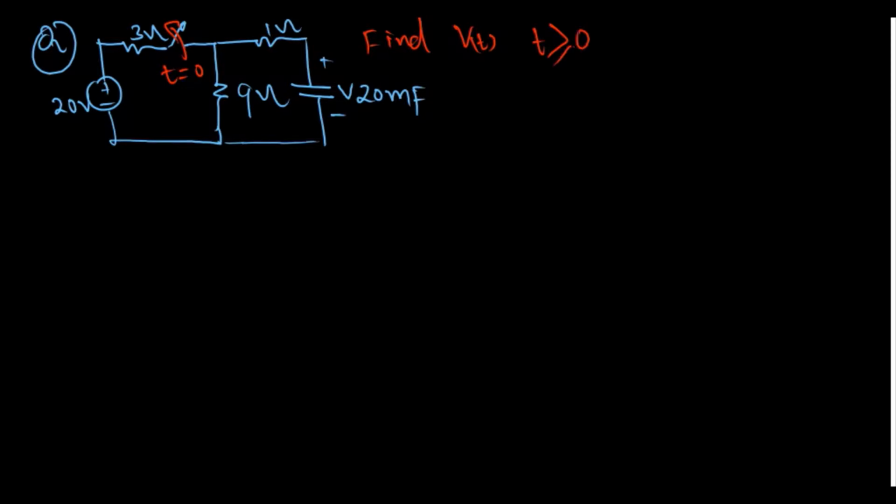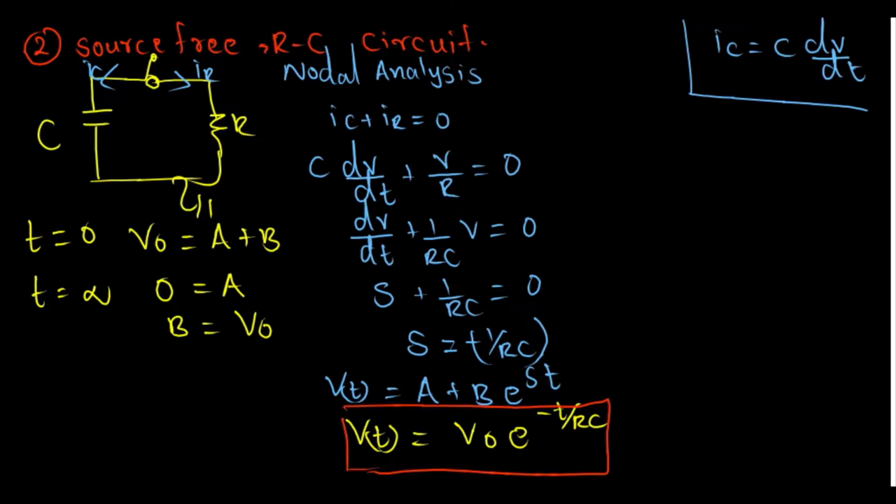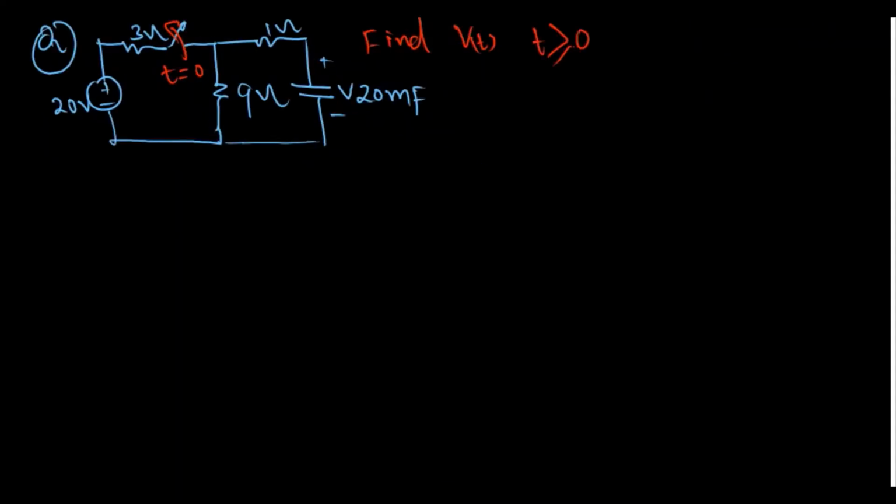We already know that the answer for V(t) is V naught e to the power minus t over RC. Before that, we need to find whether this is a source-free RL circuit, a source-free RC circuit, a second order circuit or a step response.